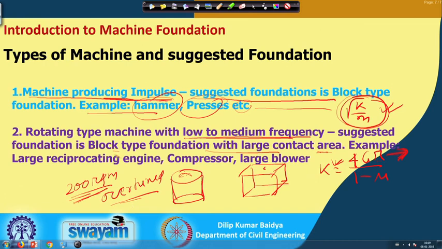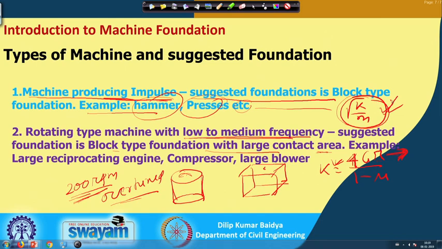So that is one type of guideline: for low to medium frequency machines, the suggested foundation is a block with large contact area. What is the reason for giving large area? Because you want to increase k. How to increase k? By increasing r, and if you increase k, then natural frequency increases.